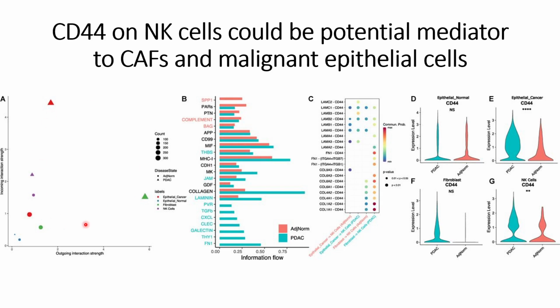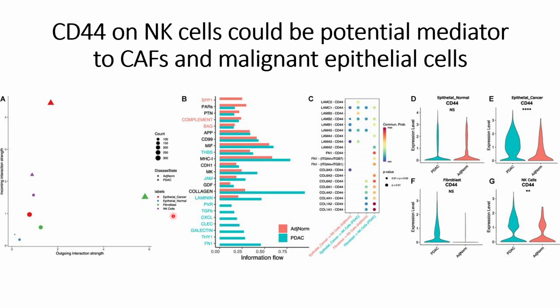So this indicates that significant changes occur whenever normal cells convert into cancer cells. When they checked the pathways that get dysregulated, they saw that mainly collagen, laminin and FN1 are highly dysregulated compared to the adjacent normal behavior.